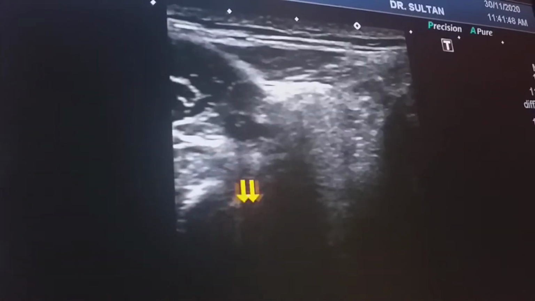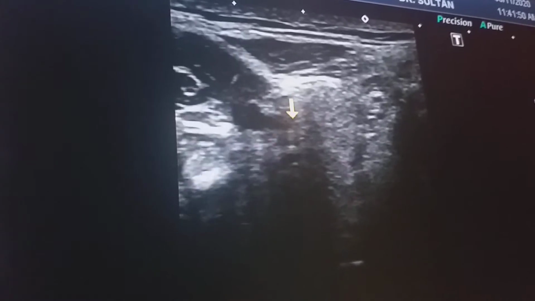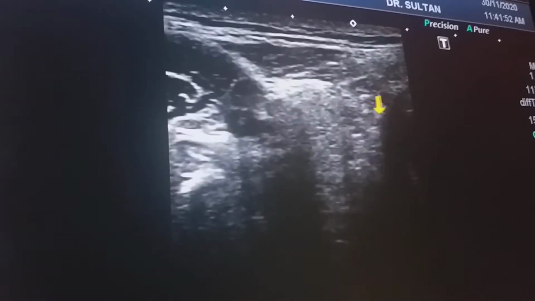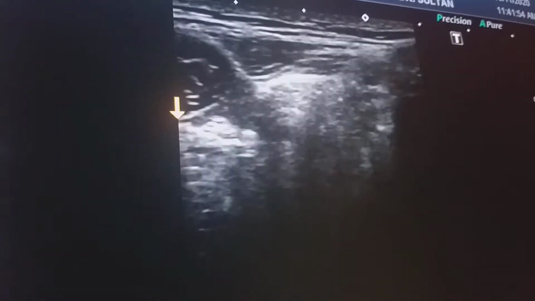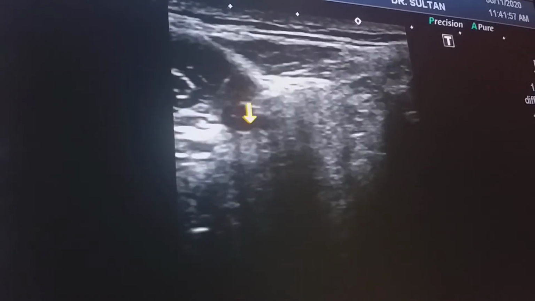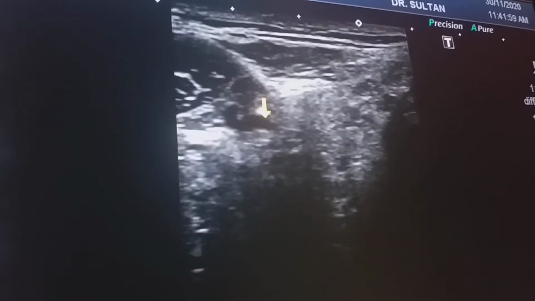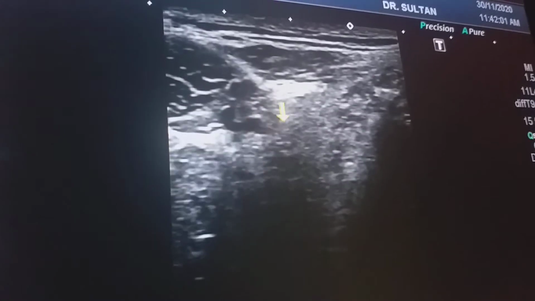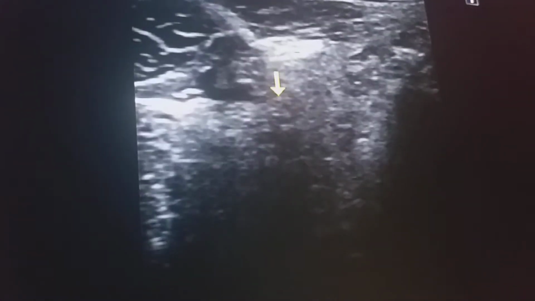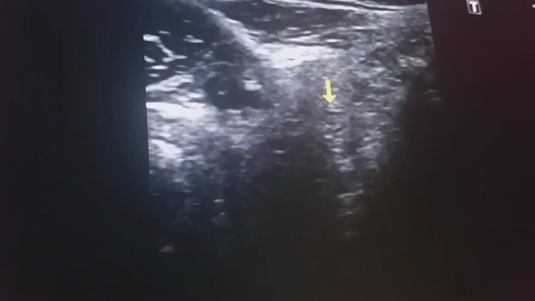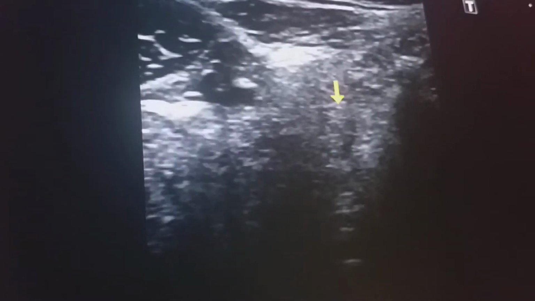We can clearly see this is the gate. On this side is the lateral side, and this one is the medial side. So this is the inferior epigastric artery, and the defect is present on the lateral aspect of the inferior epigastric artery.